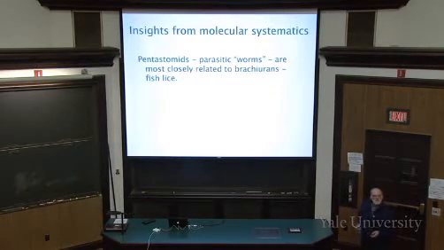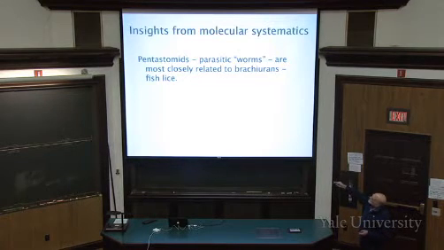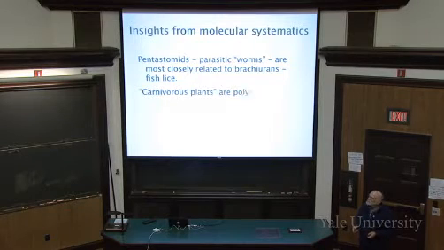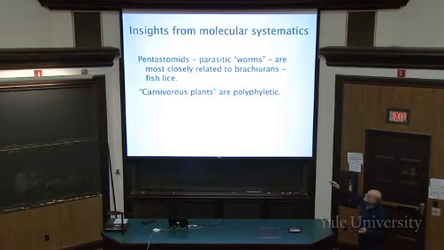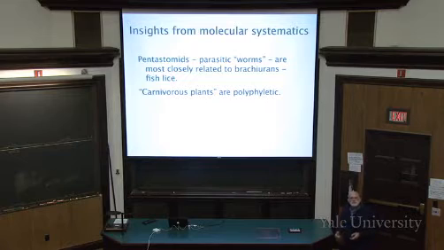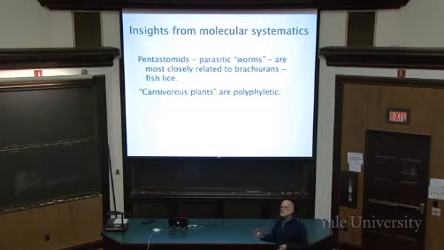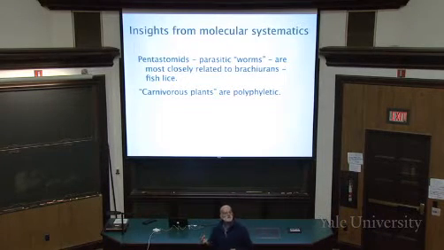Pentostomids were a mysterious group of creatures, and they turn out to be closely related to fish lice. I'll show you a pentostomid in a minute. There used to be a group called carnivorous plants, the pitcher plants and the sundews, and people thought that the pitcher plants and the sundews were related.